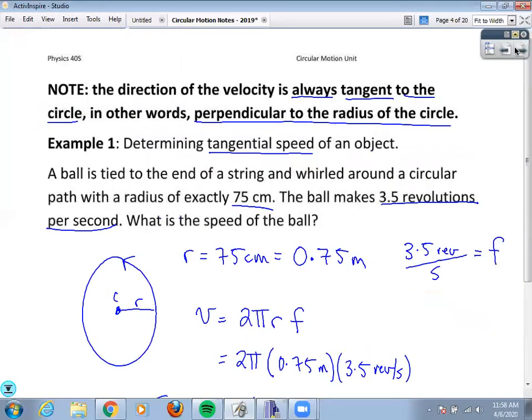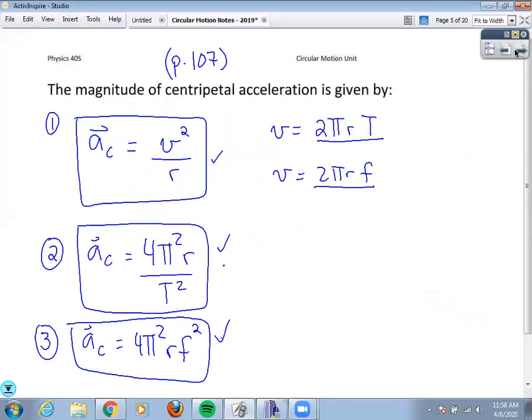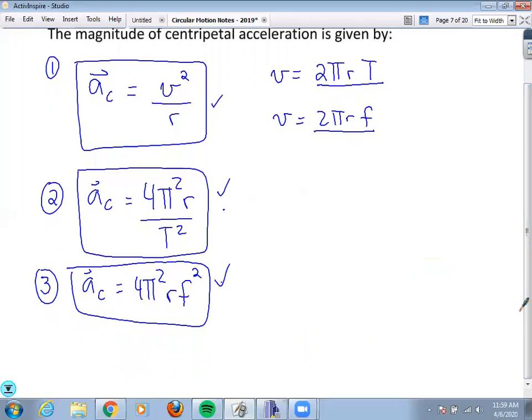We then look at the centripetal acceleration, which is always center seeking. The first definition is the square of the speed over r, the radius, or the other 2 definitions we use if we don't know the speed: 4 pi squared r over T squared, and 4 pi squared r times f squared.